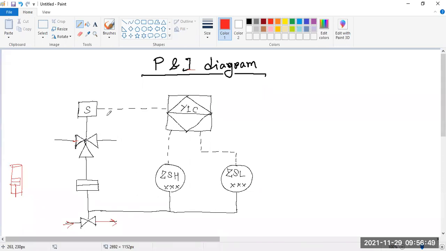Okay, so you can see the dotted line is the electric line, the electric signal, and this straight line is the pneumatic line. Just remember the symbols.